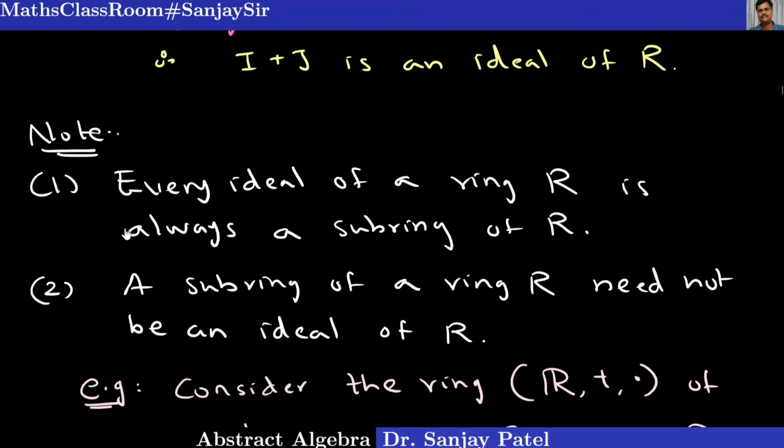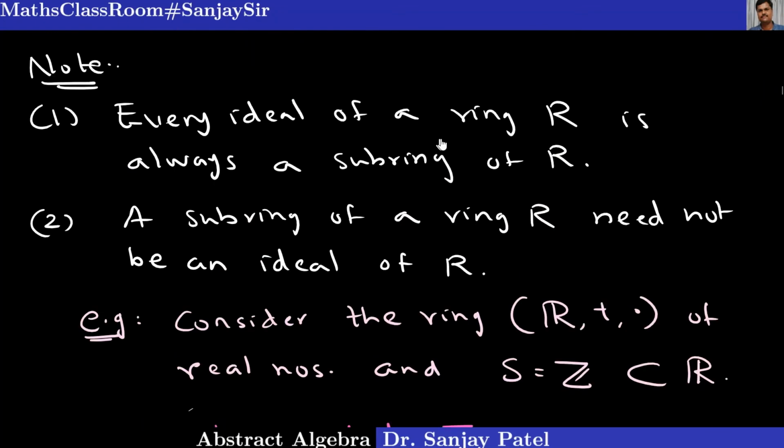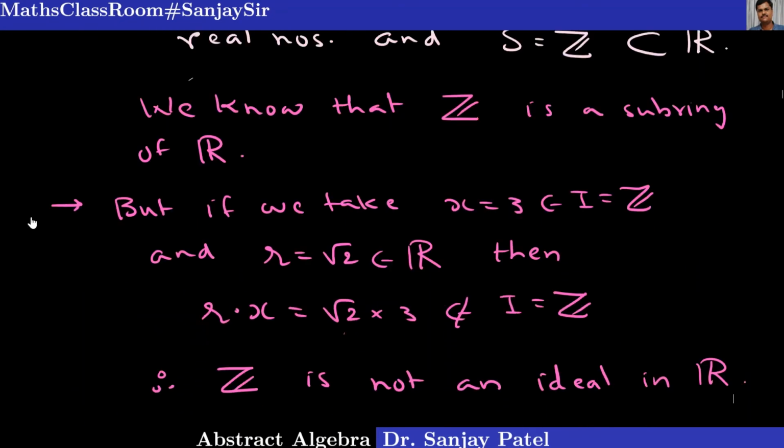So we have noted two important things: every ideal is a subring, but a subring is not always an ideal.